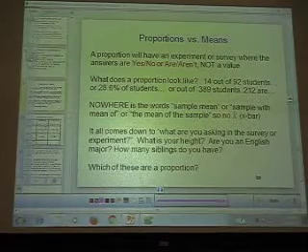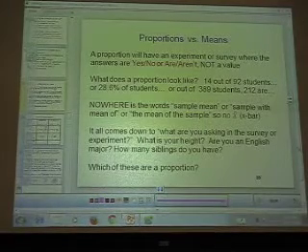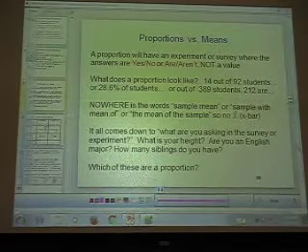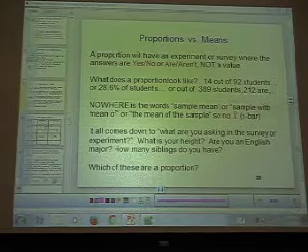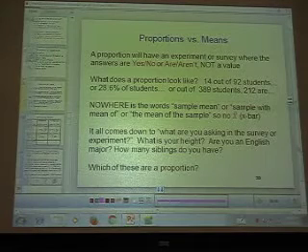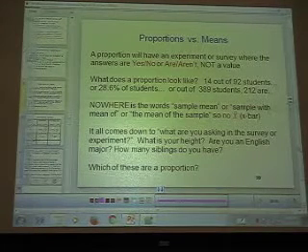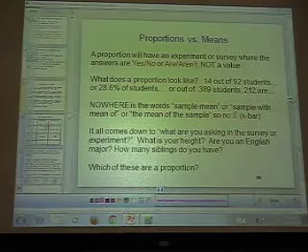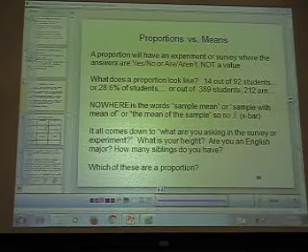A proportion will have an experiment or survey where the answers are yes or no, or aren't, or are. Not a value. What does proportion look like? 14 out of 92 students, or 28.6% of students, or out of 389 students, 212 are. Right.